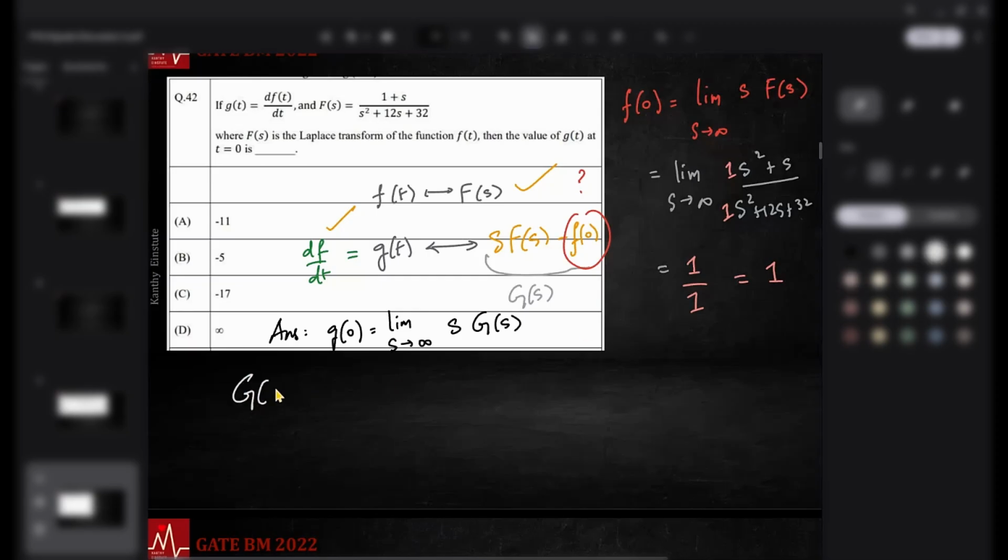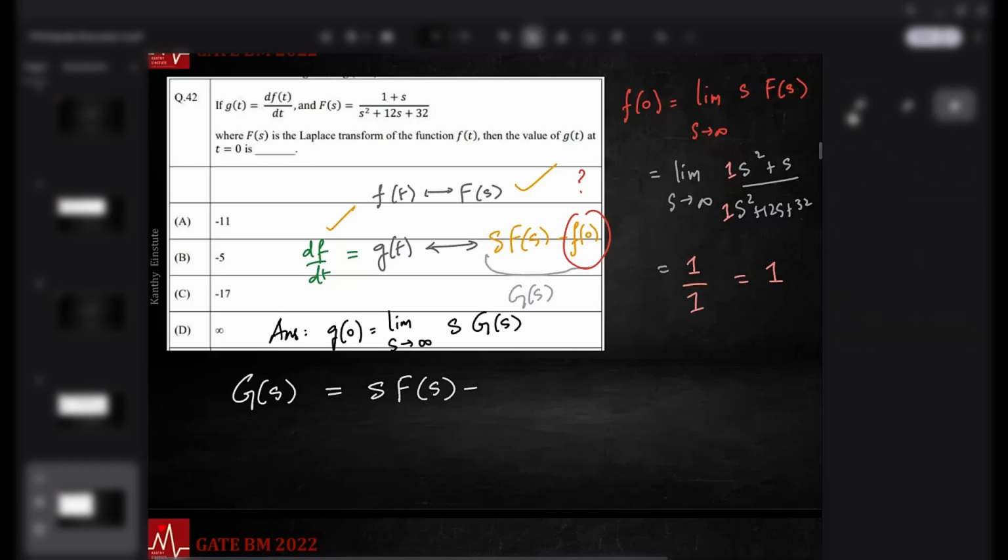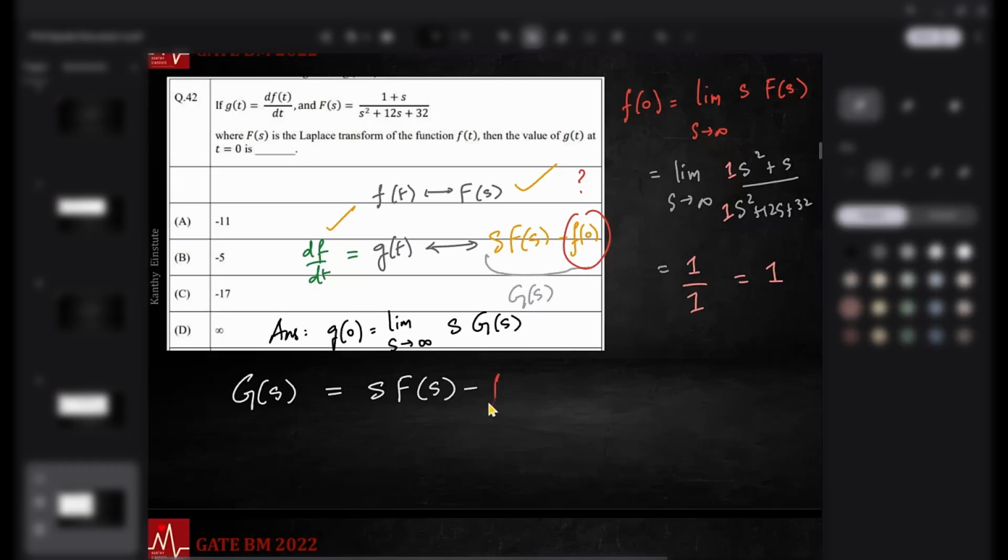Then goes my next step. My G of s is s F of s minus F of 0, and that happens to be (s square plus s) by (s square plus 12s plus 32) minus 1.